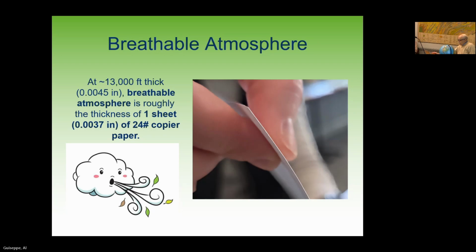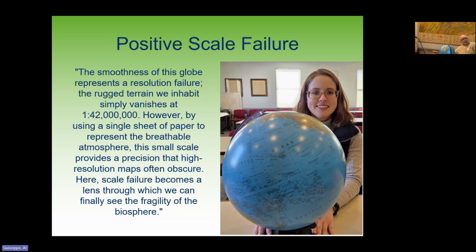Okay, so this is what I would call a positive scale failure. The smoothness of the globe, all the rugged terrain, the Himalayas, the Rockies, everything kind of disappears into it. If you want to feel Mount Everest, you should get about 400 to 600 grit sandpaper.